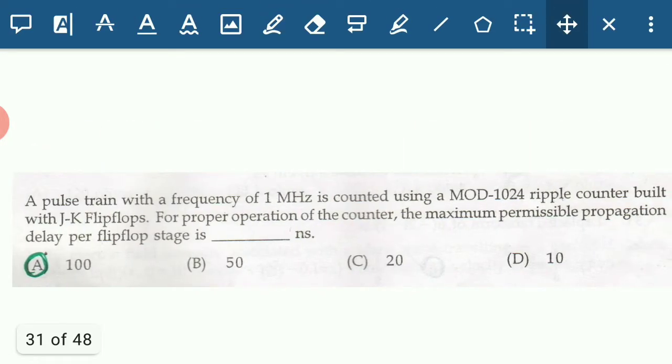Next one, a pulse train of frequency 1 megahertz is counted using a mod 1024 ripple counter built with JK flip-flops. For proper operation of the counter, the maximum permissible propagation delay per flip-flop stage is dash. Okay, let us see this.